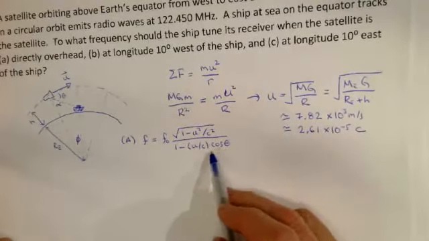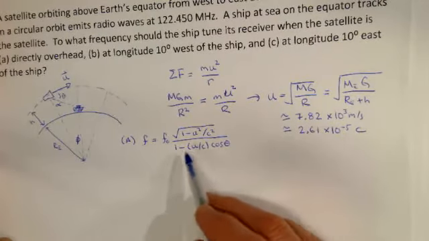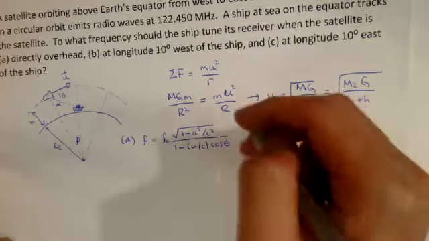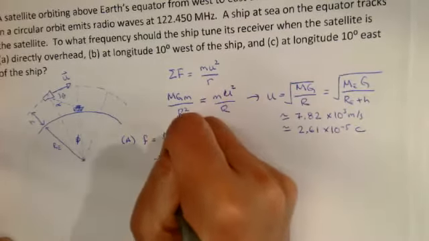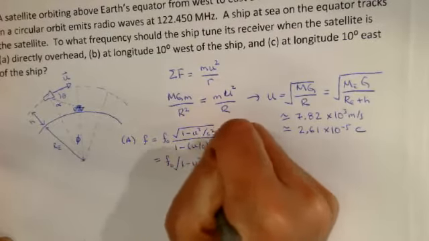But if theta goes to 90, cosine of theta goes to 0. And so this just becomes, at least in part A, f naught times 1 minus u squared over c squared.